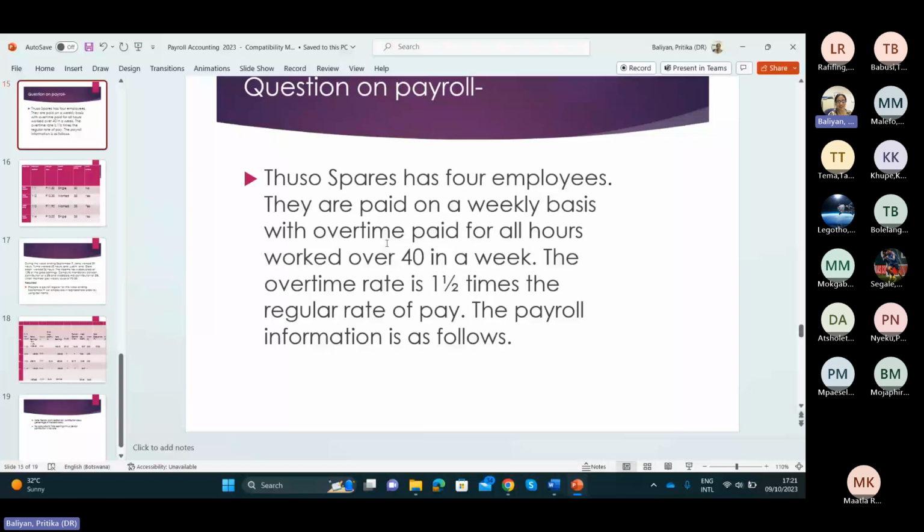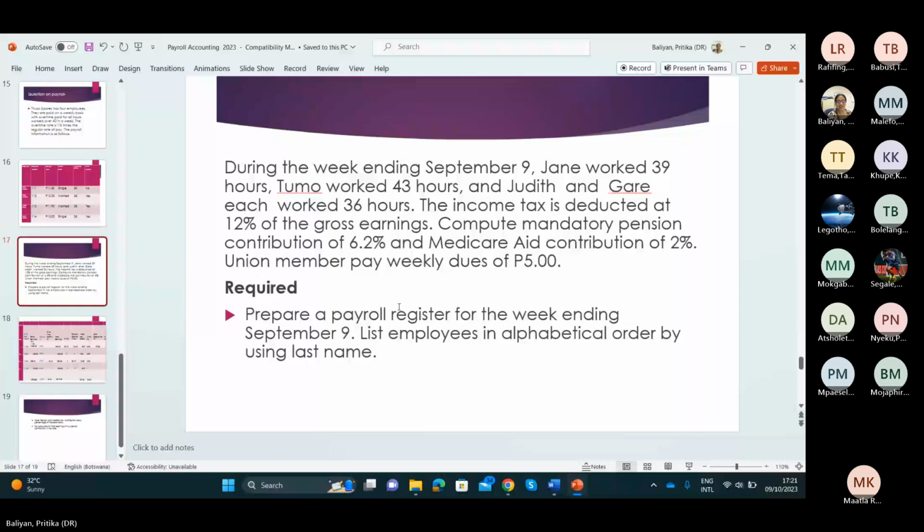So someone is qualified for overtime if they work more than 40 hours. Judith Gare worked only 36 hours. Does he qualify for the overtime?